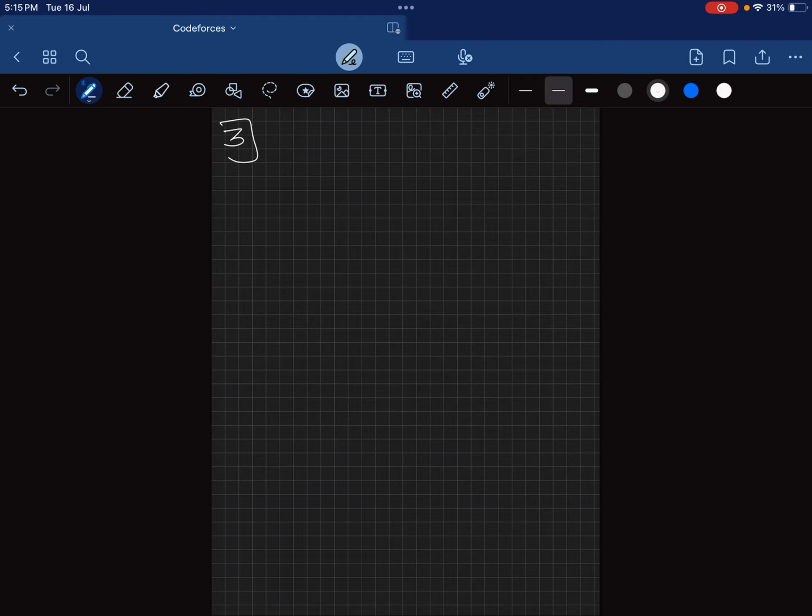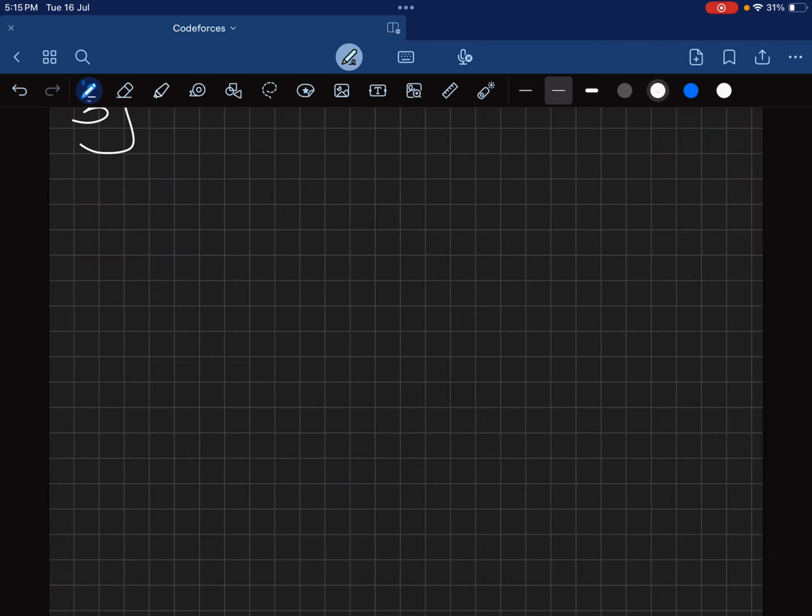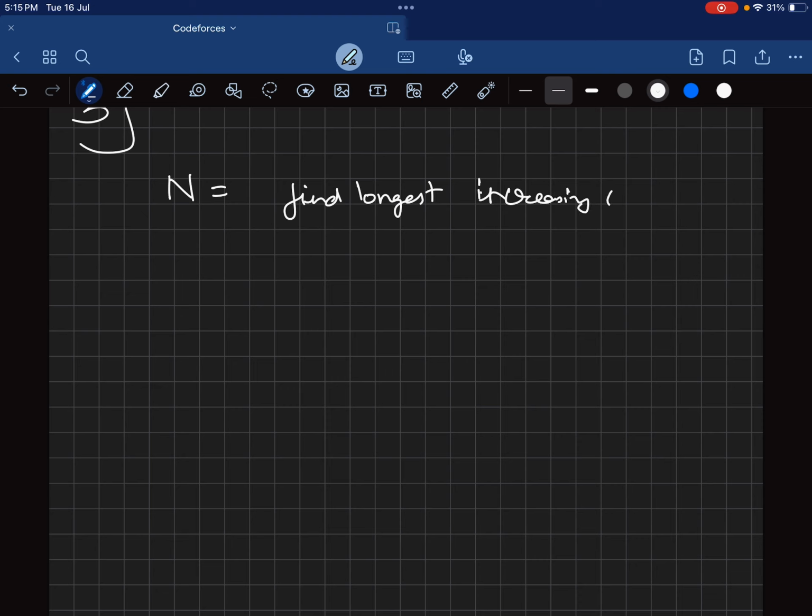Moving on to the third question. In this question, you are given an integer n, and you have to find the longest strictly increasing sequence a1, a2, and so on, such that a_i OR a_{i+1} is equal to n for all i from 1 to k minus 1.